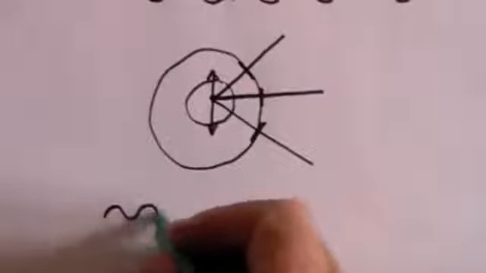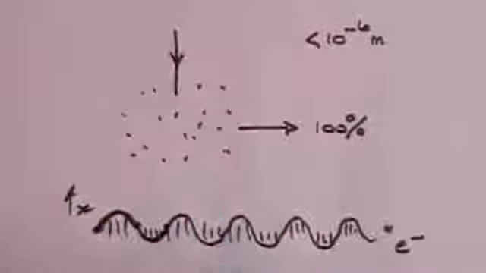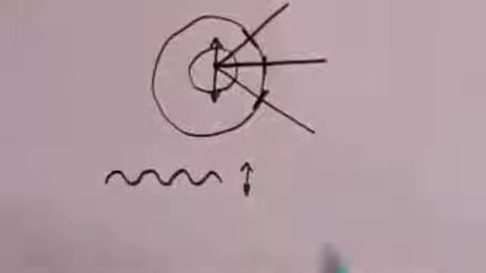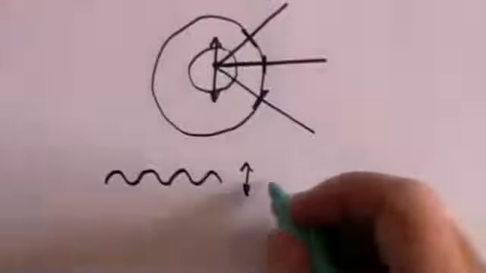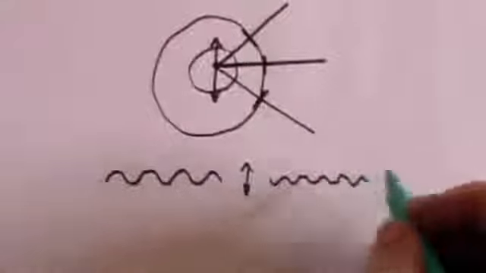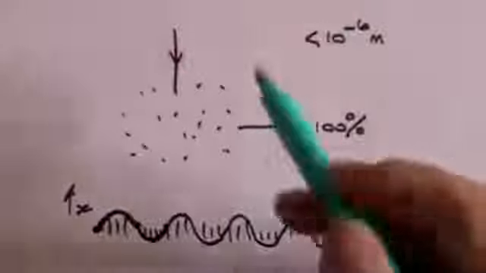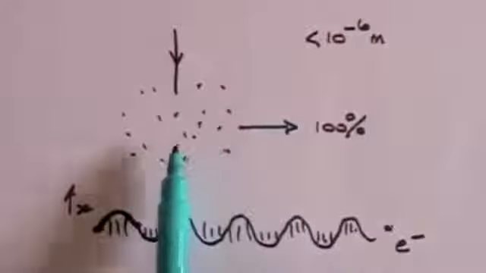So in principle what we've got is an electromagnetic wave coming in. That's this one here. It hits an electron and causes the electron to oscillate, and that oscillating electron generates another electromagnetic wave. So now I'm going to look at this incoming wave from underneath.